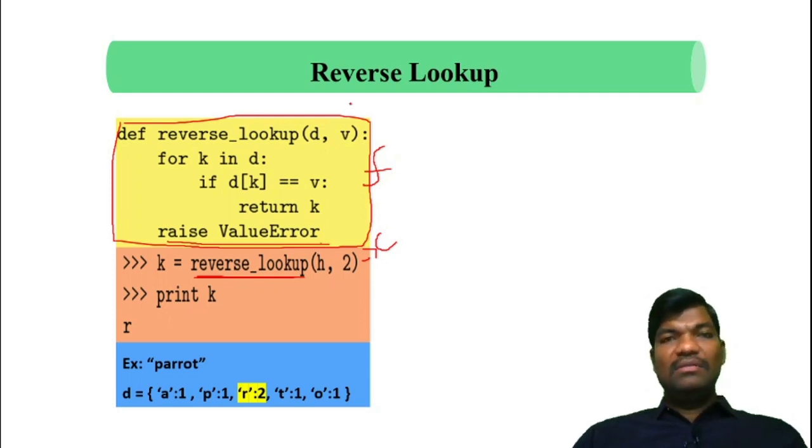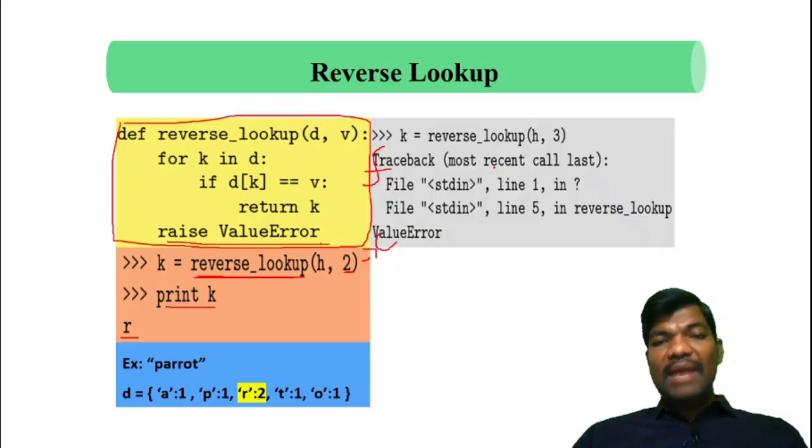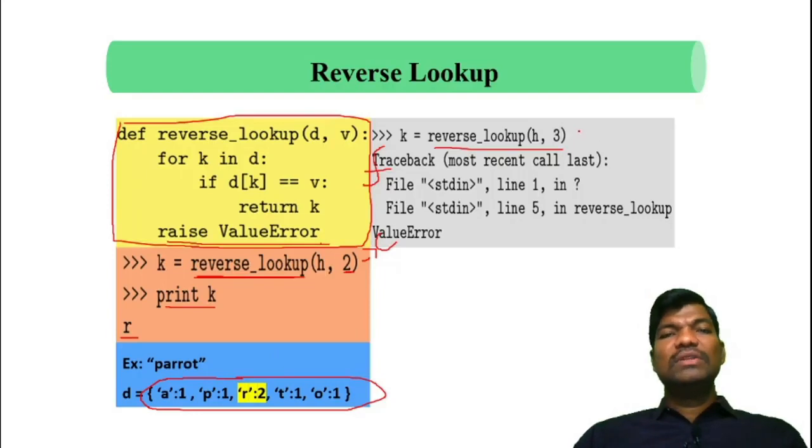H is a variable, and 2 is the value in our example. Print K. What is the K value? R. Now I am giving reverse lookup H comma 3. In this dictionary, is there any value 3? No. So there is no 3 value. That's why it will generate a value error. So this is reverse lookup.